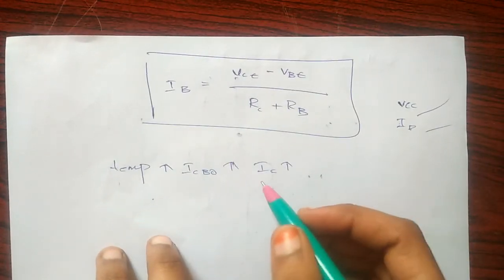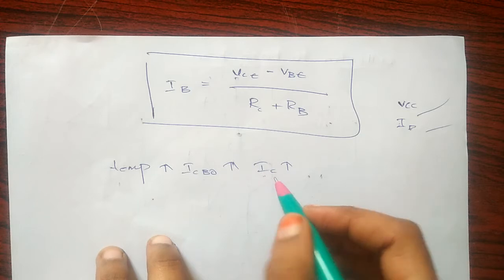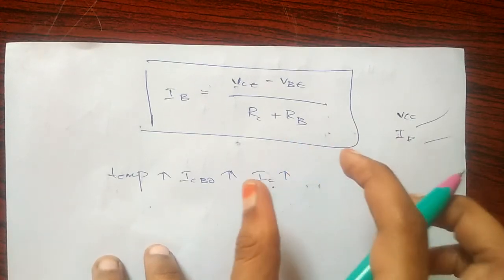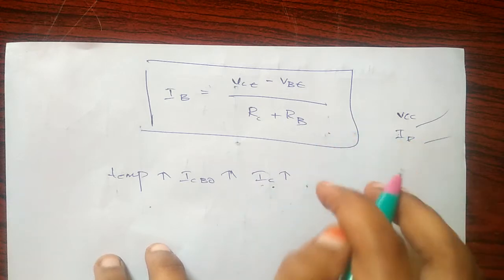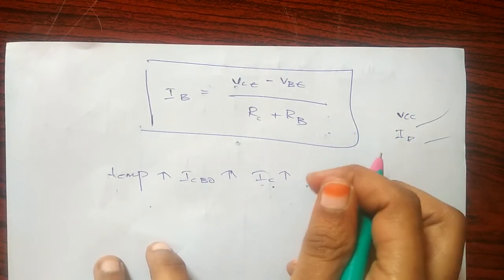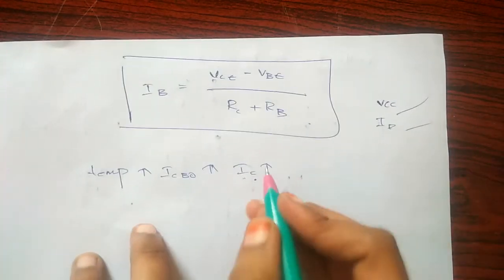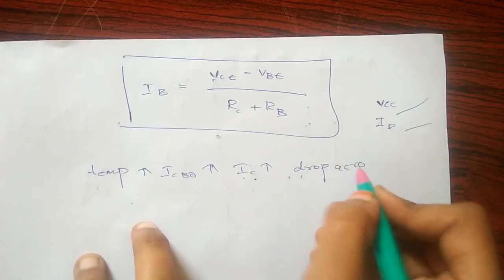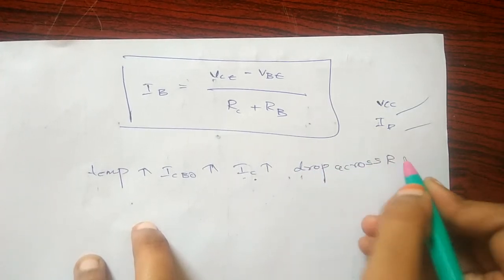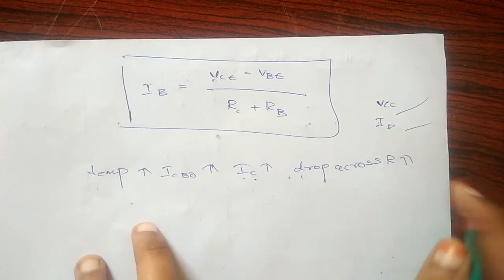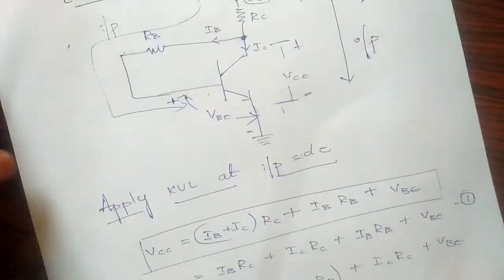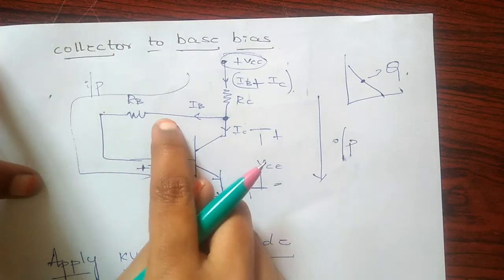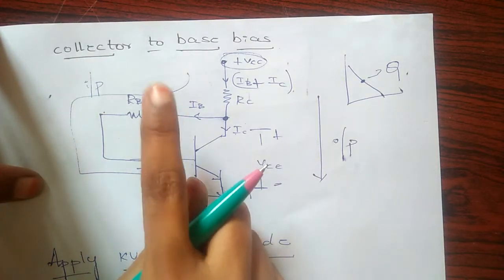So as IC is increased, the drop across RC will increase. As the drop across RC is increasing, then the current IB will decrease.